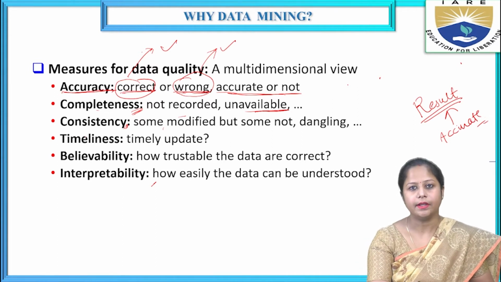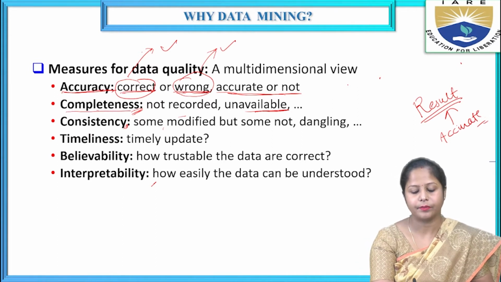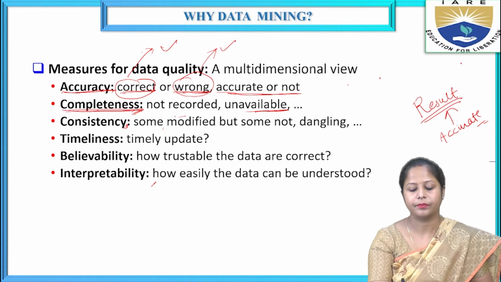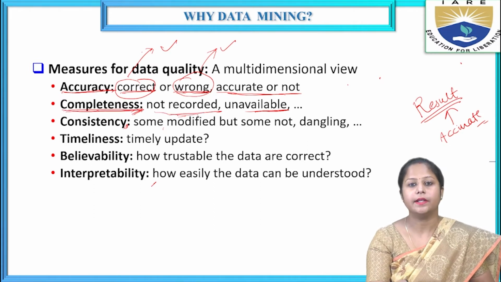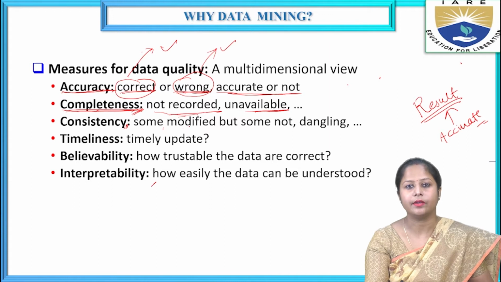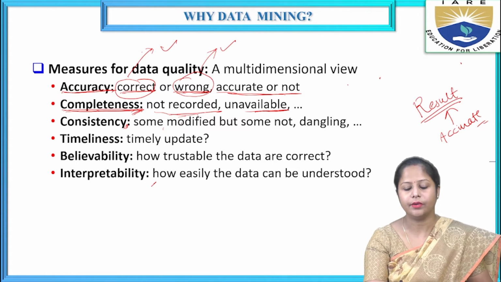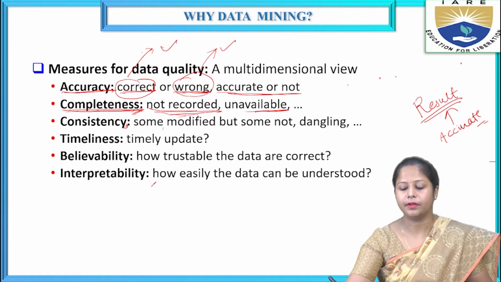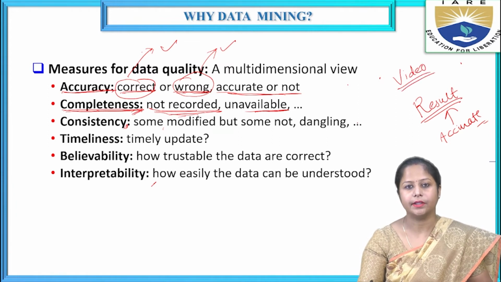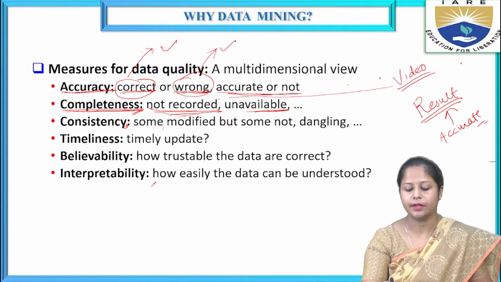Then we will check the completeness. So we will check whether the data is recorded or not. For example, if we are taking some data from different sources, like video type of data, we will check whether the data is recorded there or not.